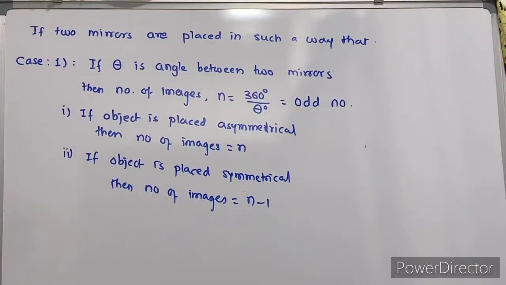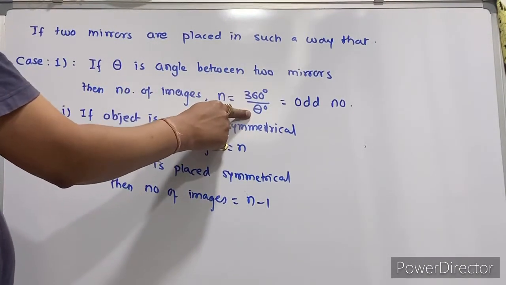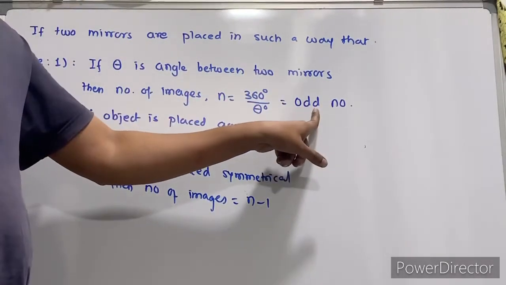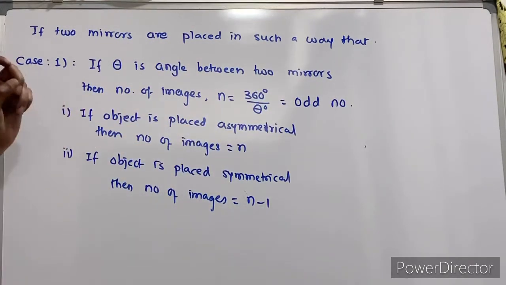If two mirrors are placed such that, in case 1, theta is the angle between the two mirrors, then the number of images formed will be n, which is equal to 360 degrees upon theta. If this answer comes out to be an odd number, then we have two more cases.